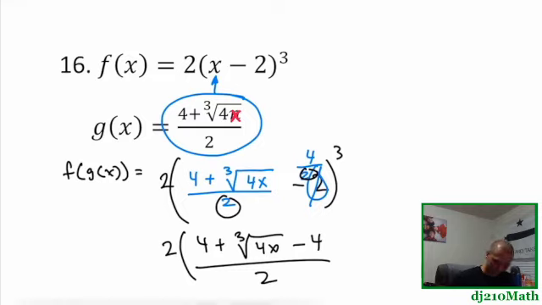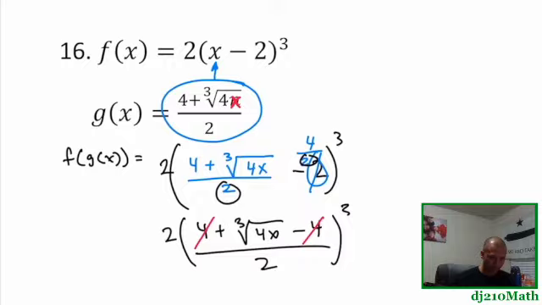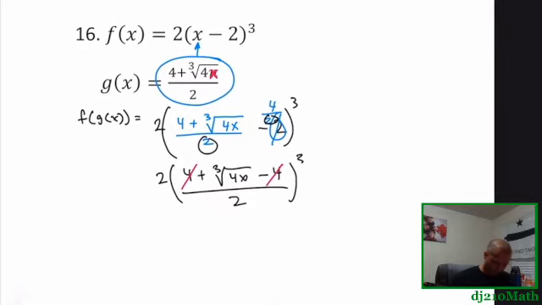And that's nice because what's happening here is that I have a 4 and a minus 4. So cancels. All right, with that being said, 2 cubed root 4x over 2 cubed.